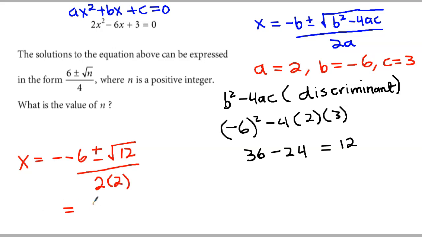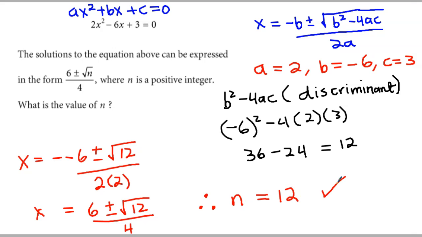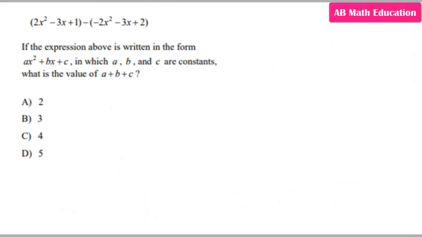Here we get positive 6 plus or minus square root of 12 over 4, and that is like this one. So therefore n equals 12. Ta-da, you're done.